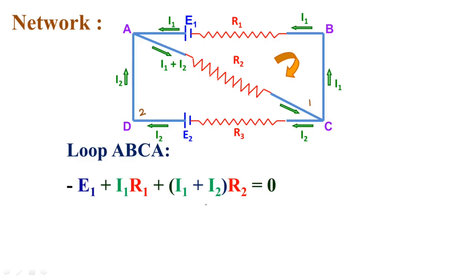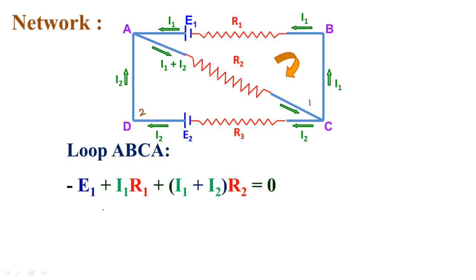In the loop ABCA, source E1, resistance R1 and another resistance R2, the components are there. As per the sign convention, for source E1, the path from A to B means from the positive terminal to the negative terminal of the source E1.